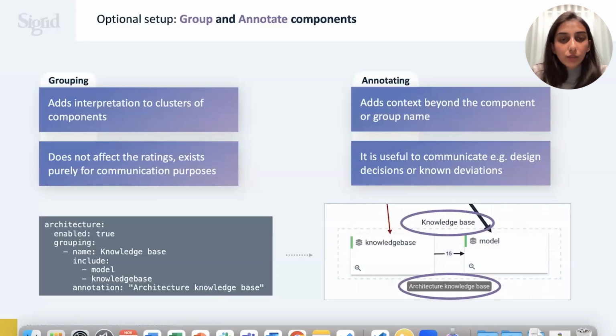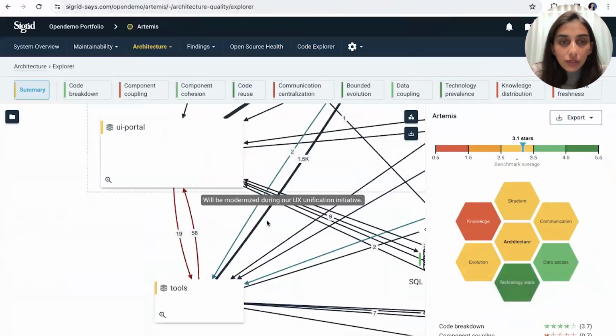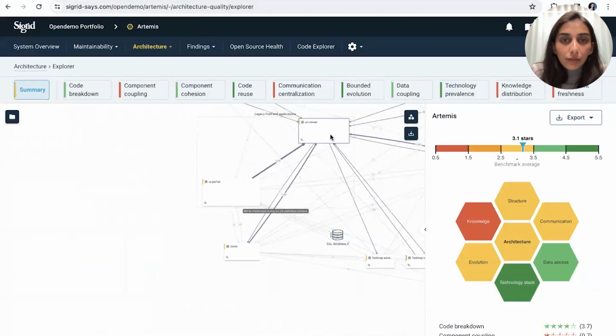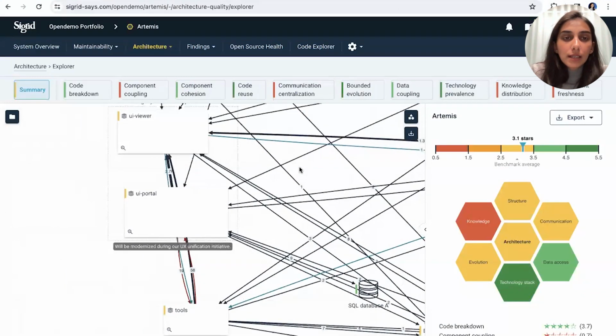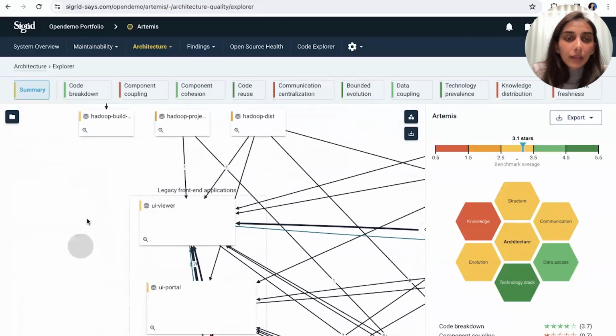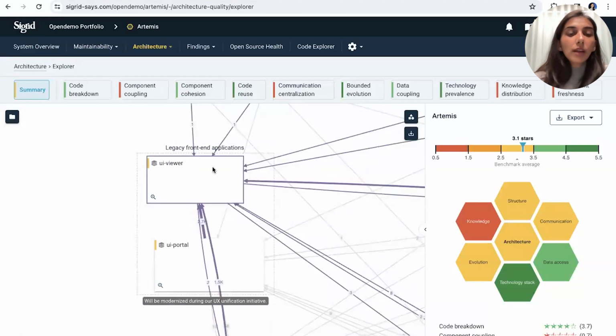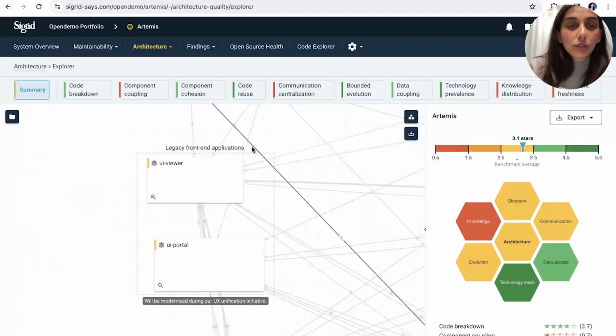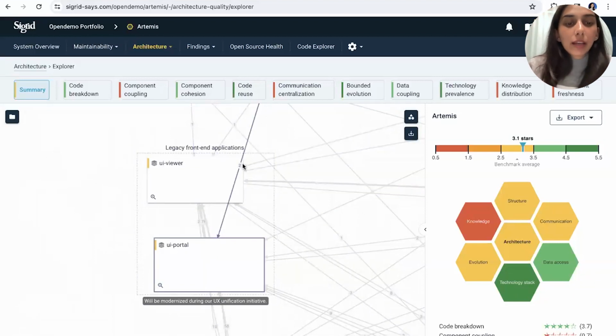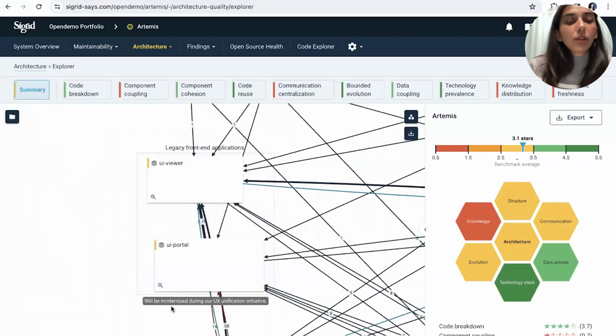Similar to this, I can show an example in this picture. If I look at these two components, there is UI viewer and UI portal. I group them into this group, which is called legacy front-end applications. And I also wrote a note that these will be modernized during a UX unification initiative.